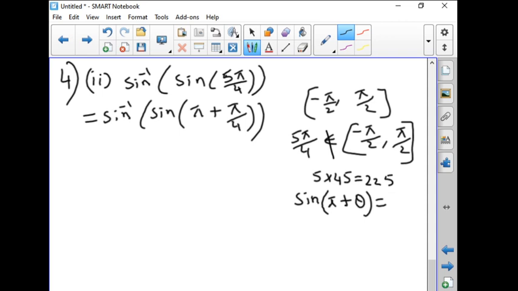Third quadrant. In the third quadrant, sin is negative, isn't it? Pi is 180, which is even, so it is minus sin theta. So what you have here is sin inverse of minus sin pi by 4.